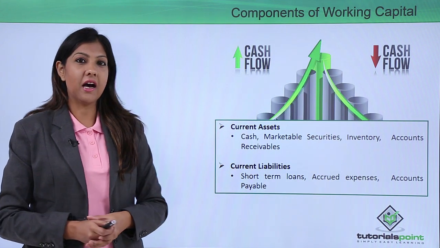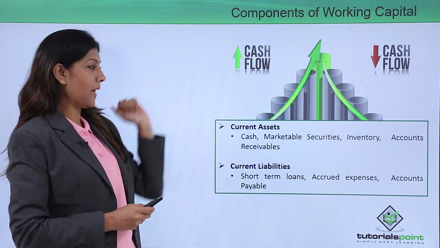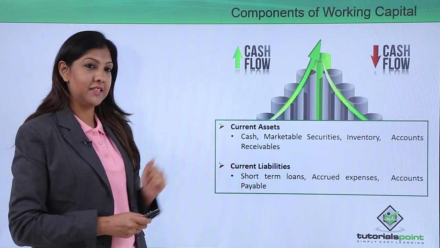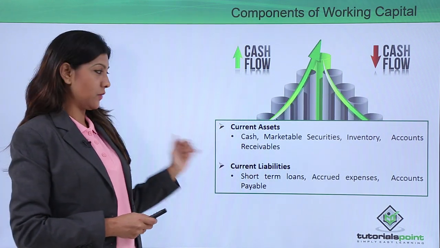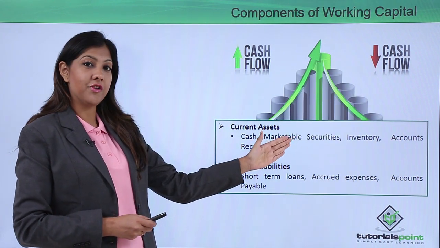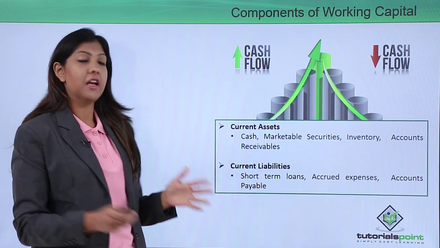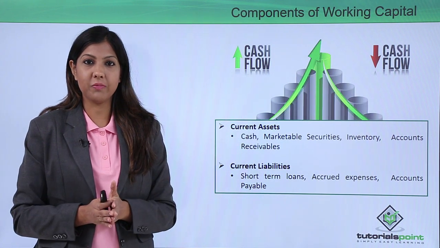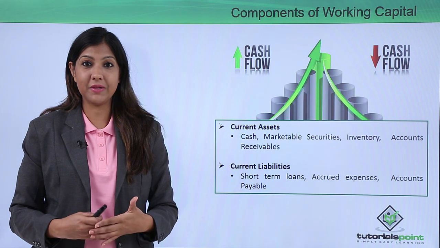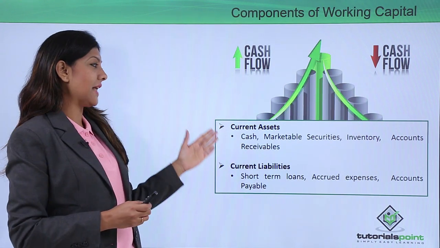So what exactly are some of the components of working capital? There are current assets as well as current liabilities. Under the current assets, we have cash, marketable securities, inventories and accounts receivables. So anything which is coming into your company in terms of cash, inventory, anything which is being received by the company comes under the heading of current assets.